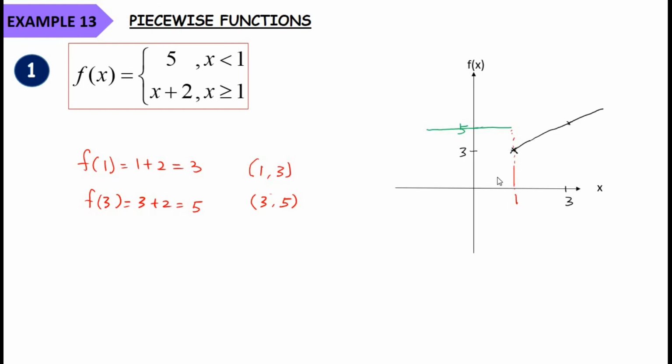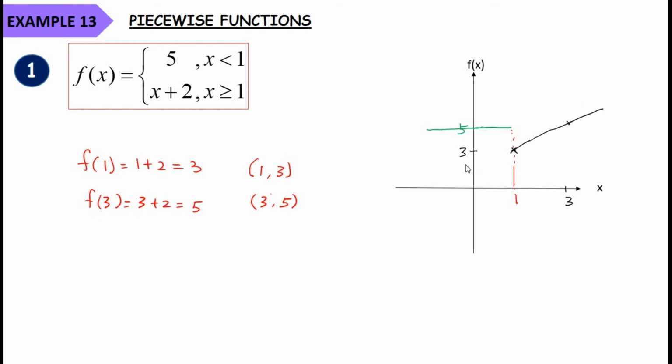What do you find about the domain? Are there any conditions? No, right? So x can take any values from negative infinity up to infinity. But for f of x, the range, the graph starts from 3 upwards.